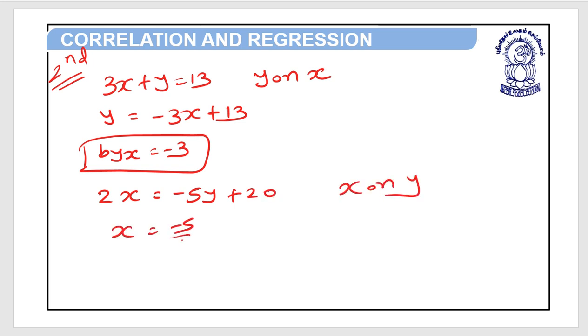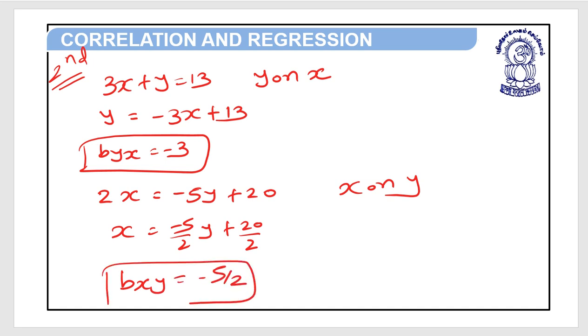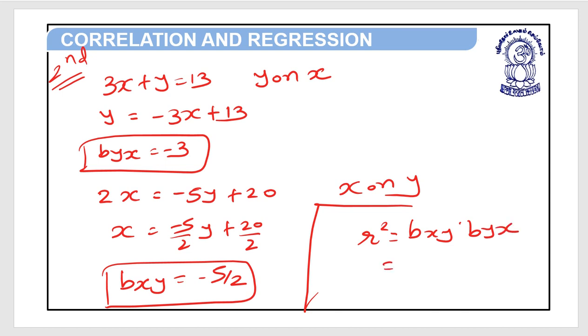So x is equal to minus 5 by 2y plus 20 by 2. So bxy becomes minus 5 by 2. Now r square is equal to bxy into byx, minus 3 into minus 5 by 2. 3 5s are 15 by 2, that is 7.5.